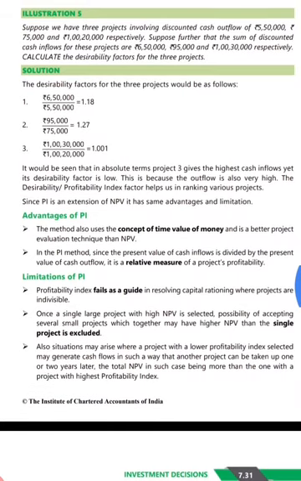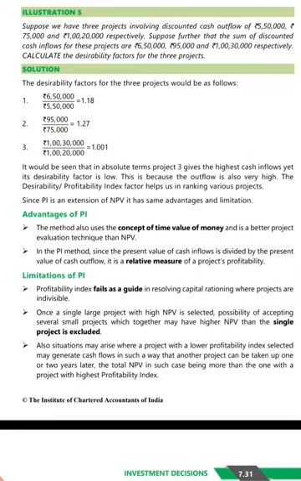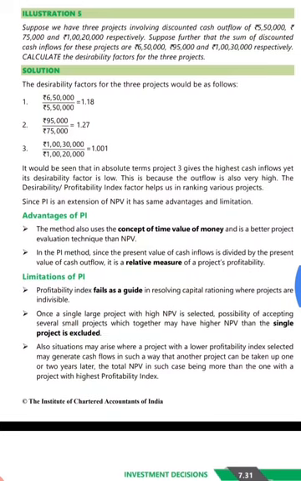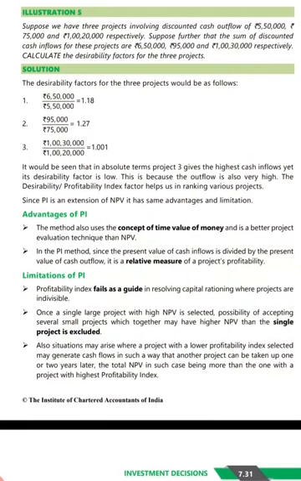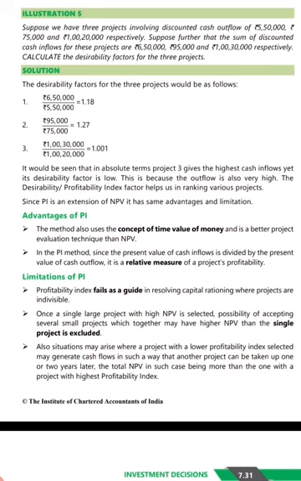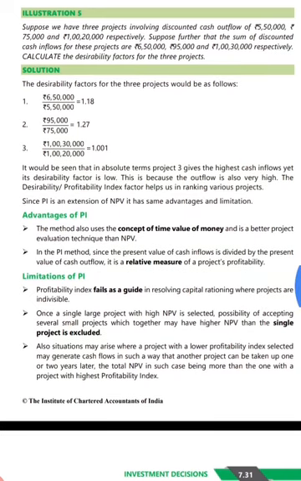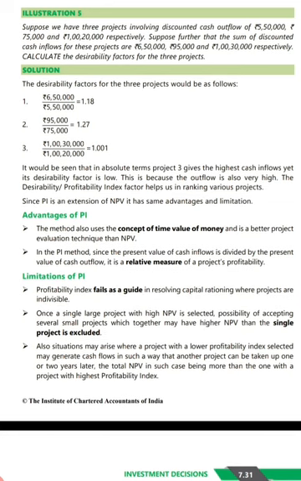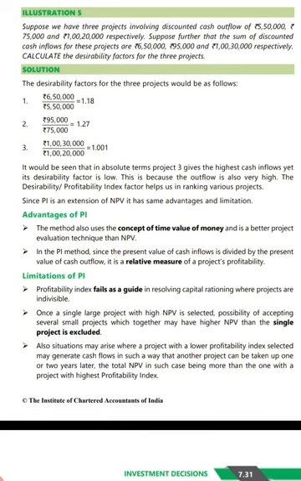And we know the formula: the profitability index is the present value of cash inflow divided by the initial investment. For project A, the present value of cash inflow is 6,50,000 and the initial investment is 5,50,000, so the profitability index is 1.18.